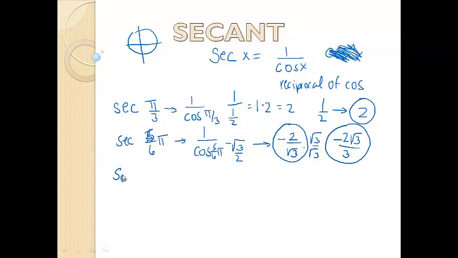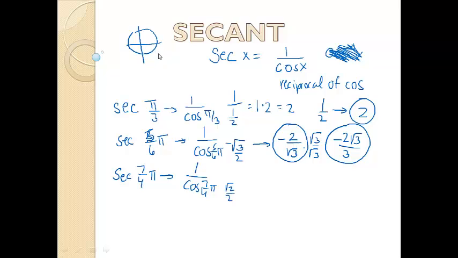Okay, let's try the secant of 7/4 pi. If I did the secant of 7/4 pi, it's the reciprocal of the cosine of 7/4 pi. I know the cosine of pi over 4 is square root of 2 over 2. And if I'm at 7/4 pi, it's about right here, in the fourth quadrant.